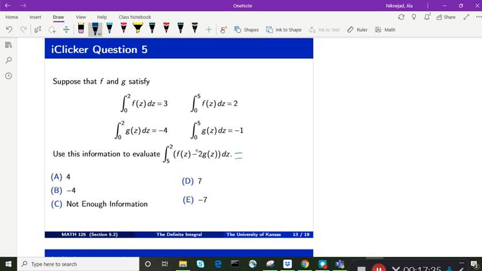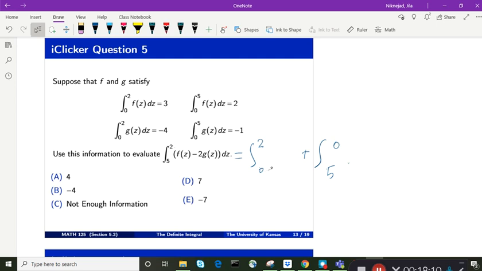Here 0 and 5. It seems like I can write this basically from 0 to 2 minus integral 0 to, let's write it as integral from 0 to 2 plus integral from 5 to 0, then 0 to 2.